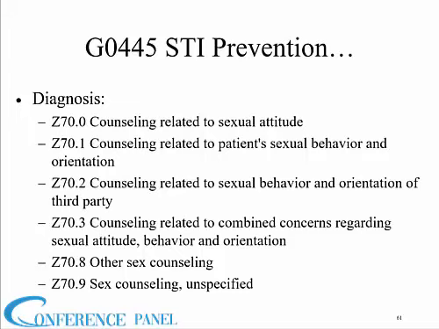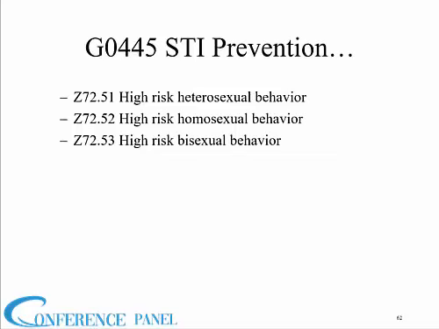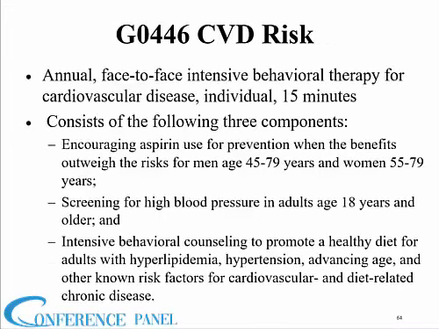Basically, it's Z70.0, .1, .2, .3, .8, and .9. Here's Z72.51, your high-risk heterosexual behavior, high-risk homosexual behavior, Z72.52, and high-risk bisexual behavior. So we have all these diagnosis codes.